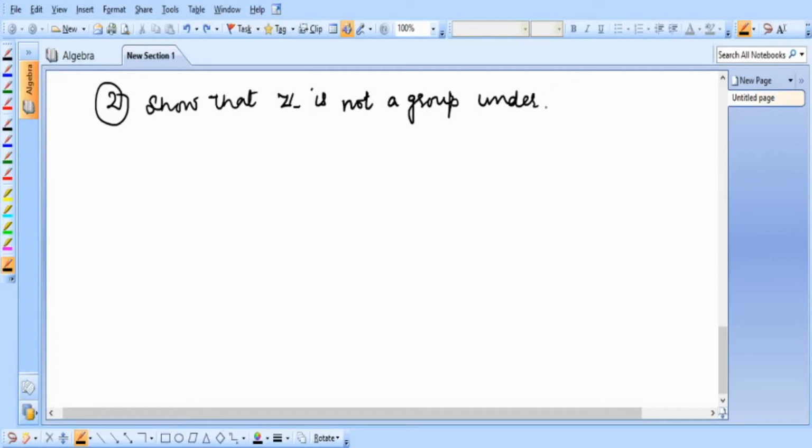Okay, why am I saying simple multiplication? Because in this theory, in this book, we will be having many operations, multiplication modulo, addition modulo. So that's why I'm preferring to say simple multiplication over here, right? Under simple multiplication.